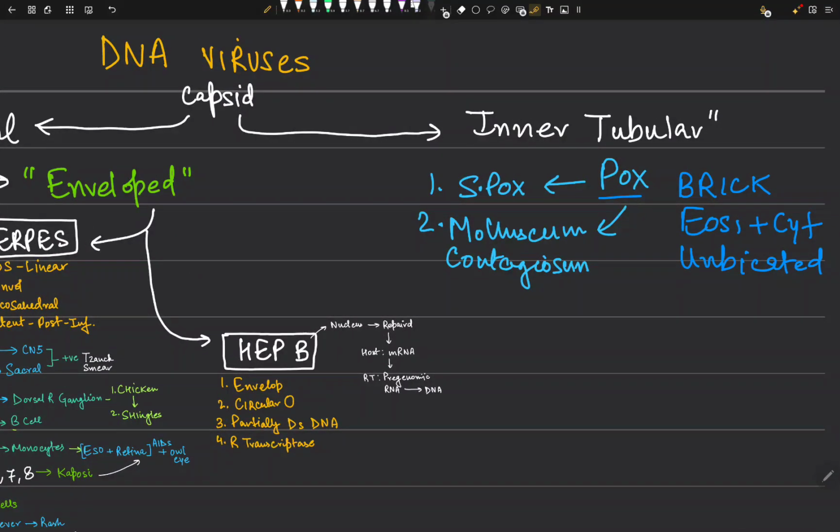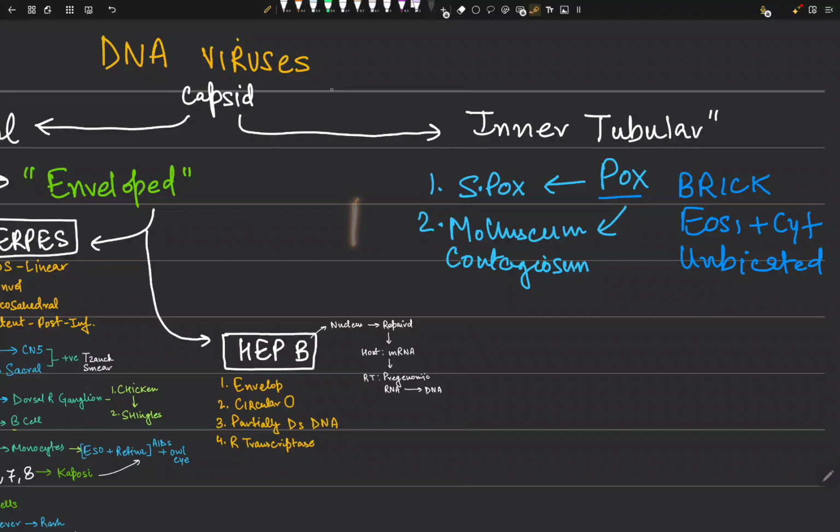Inner tubular shape looks like a coil, and the genome sits inside of it like a thread. Influenza and rabies also have an inner tubular shape. The capsid protein wraps around the genome like a spiral, forming a tube-like structure.